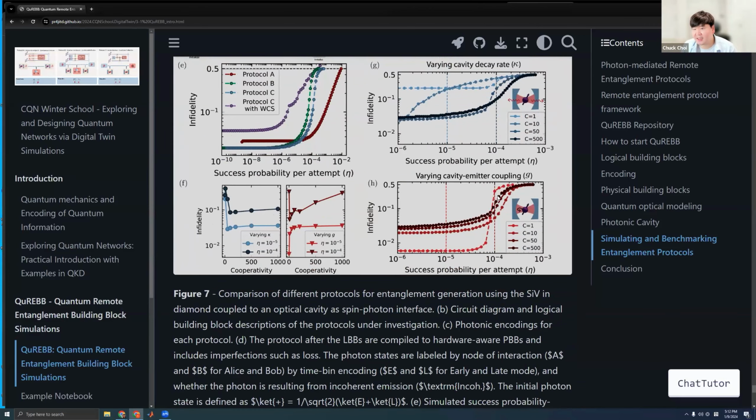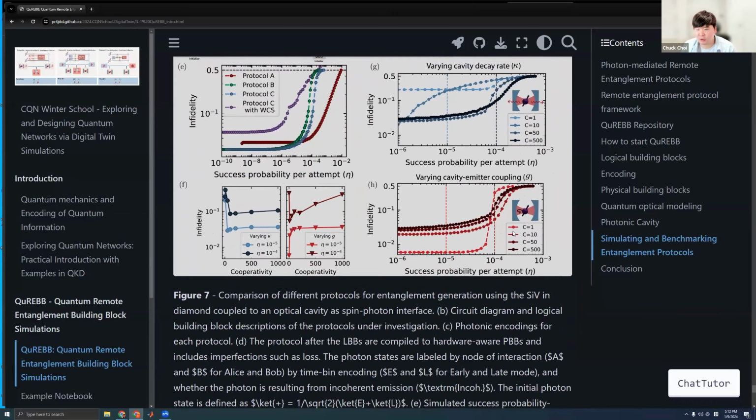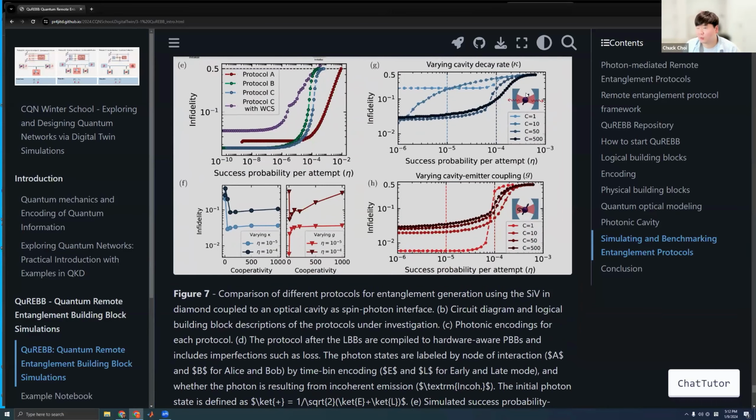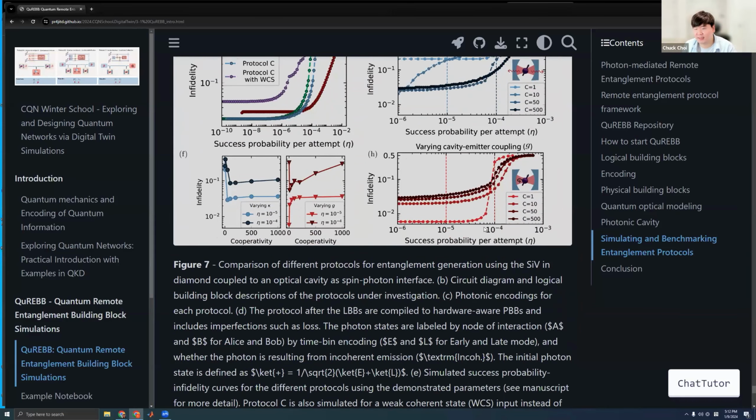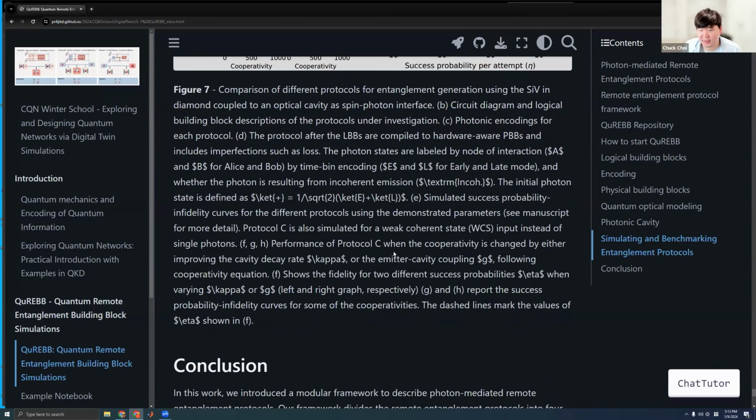You can also see that even though you're using the spin photon gate or spin photon emission, there is always a different regime of operation. So even though you have a full ability to tune and design the cavity, you might not want to just optimize everything, but choose the right parameters to get the best entanglement fidelity, for example.